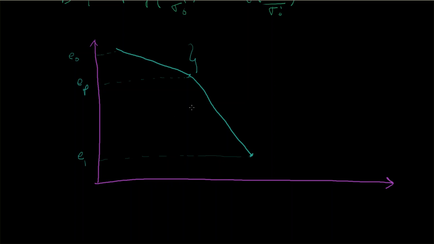This is E1. What are we finding? We're finding delta E1 first, which is this one, which could be split into delta E0 plus delta EP. So it's delta E0 plus delta EP.